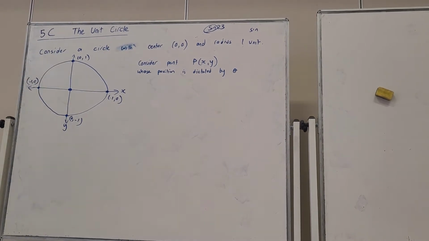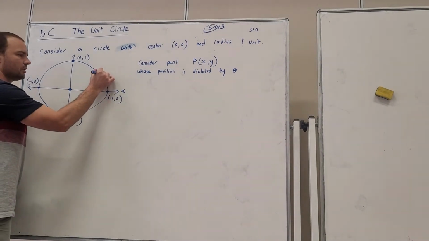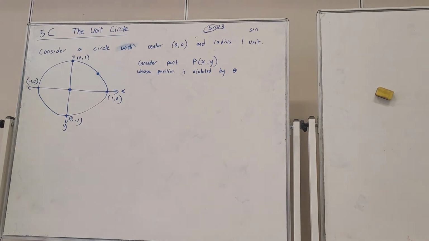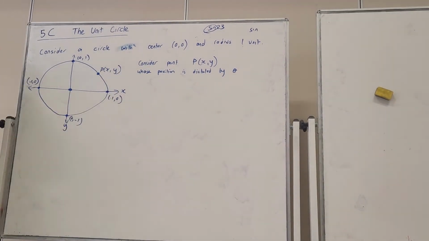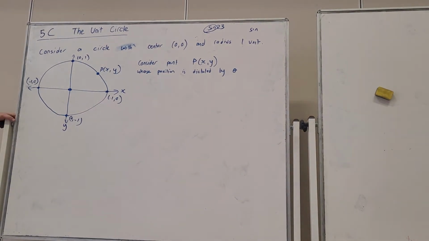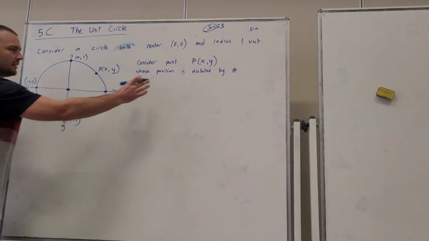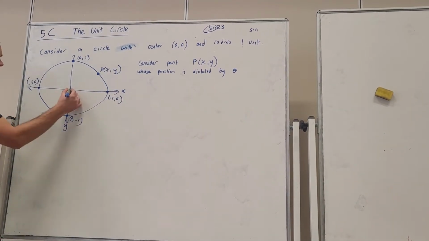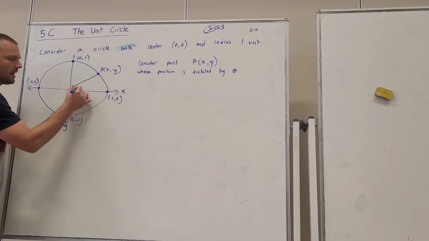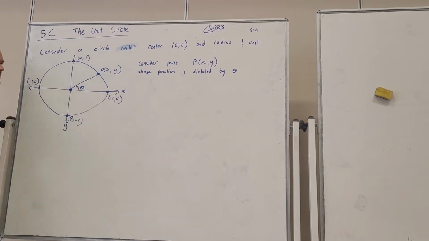Then we're going to consider point P, which is a point on the circle, and it has coordinates (x, y). We don't know what they are, they could be anything. And its position is dictated by theta. So I'm going to draw a line here, and this is going to be the angle theta.